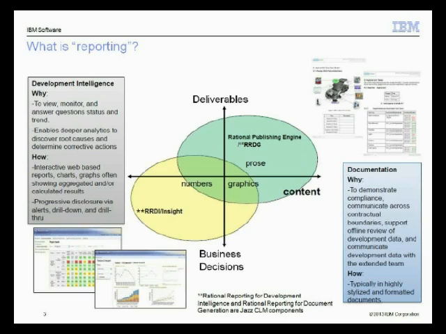As we move to the right side of this chart, we start to talk about deliverables. This is certainly very heavy in our systems development domain, where we have large government organizations or regulatory-type organizations.